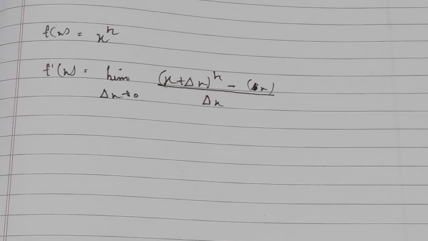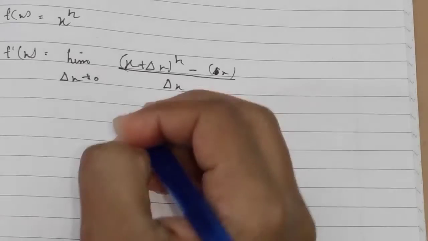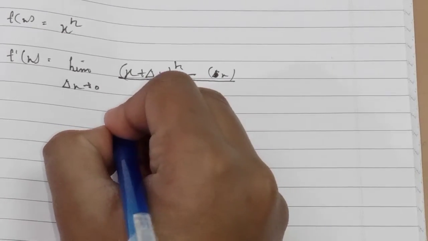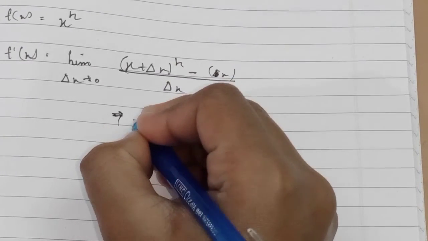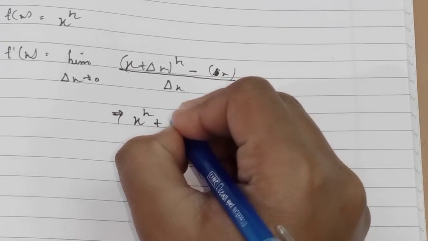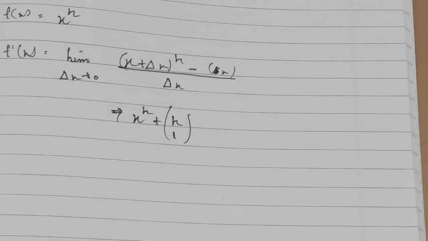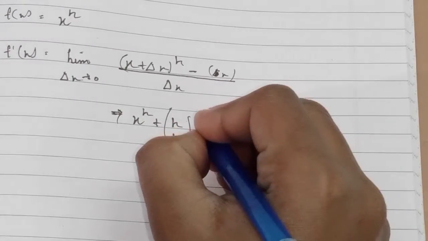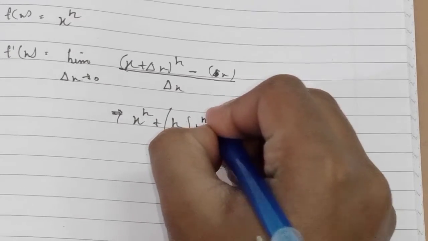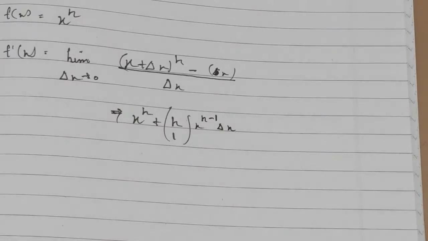Now using the binomial theorem we will expand this. So this is x to the n first, then plus n choose 1 times x to the n minus 1 into delta x. This is the second part.